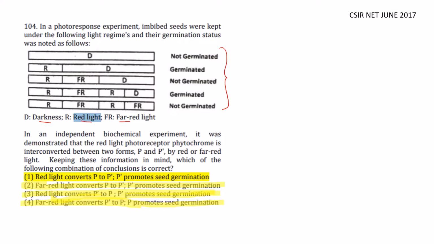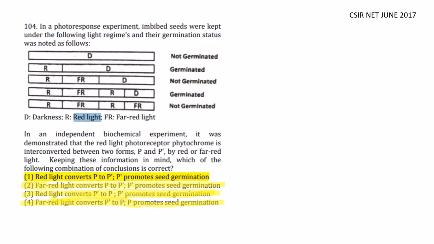Option 4, far red light converts P' to P, P promotes seed germination. We know that in non-dormant seed, germination starts when a seed is provided with water. So, the uptake of water by dry seed is called imbibition. Okay. So, here germination status was noted under different light conditions.